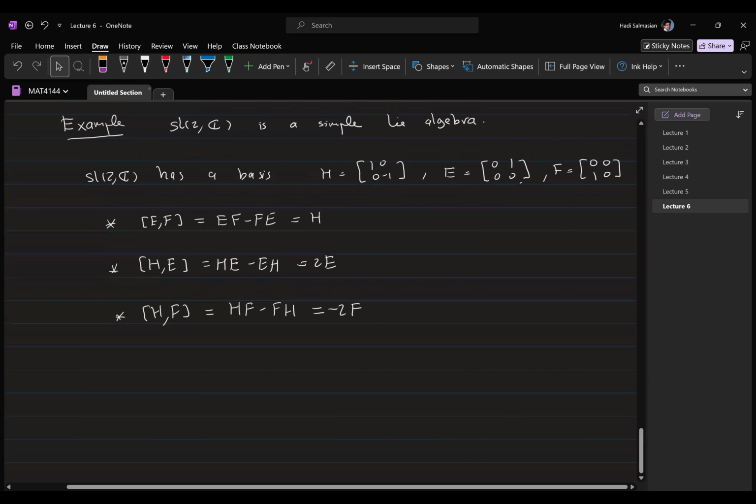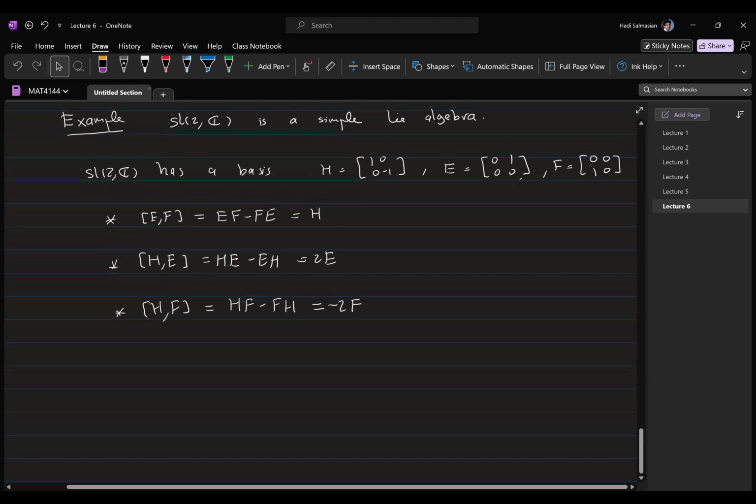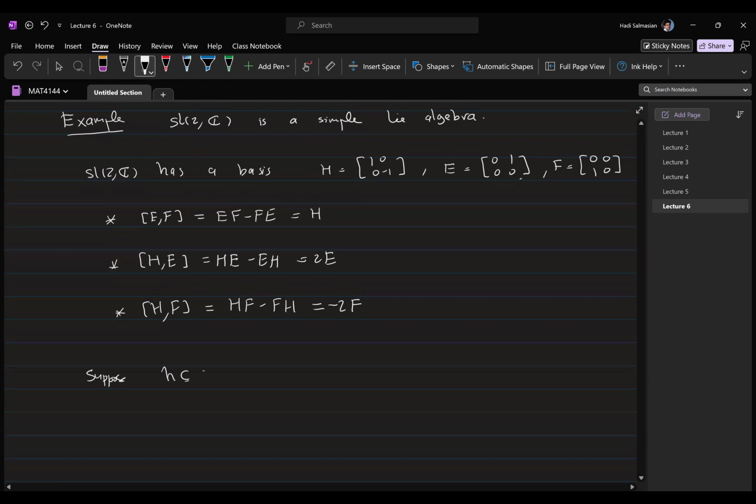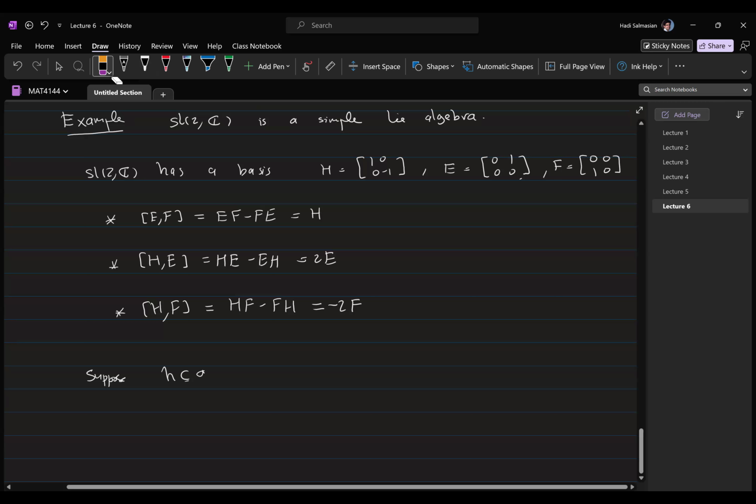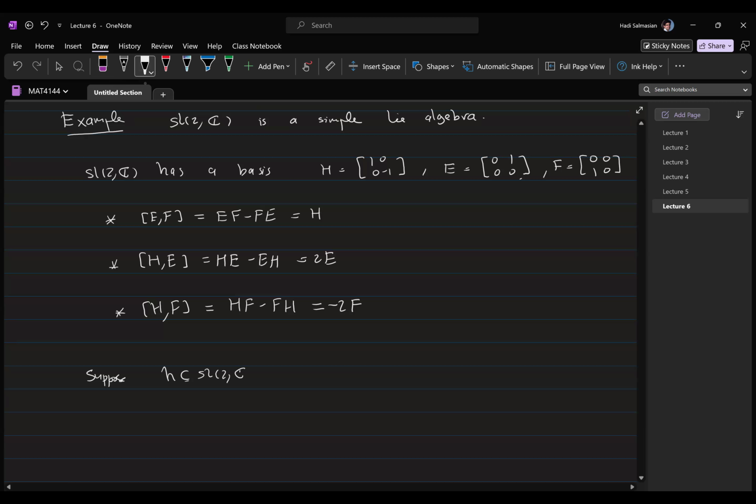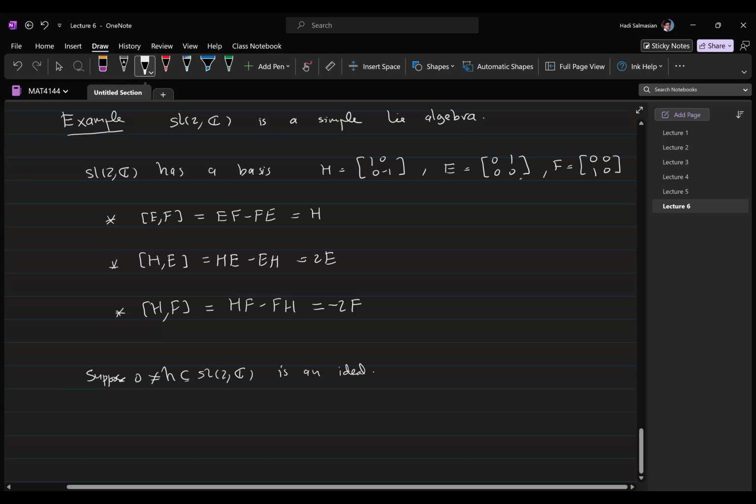So now, how can we use this to show that this Lie algebra is simple? Suppose H is an ideal of sl2C, not equal to 0. I'm going to show that H is in fact the entire sl2C.